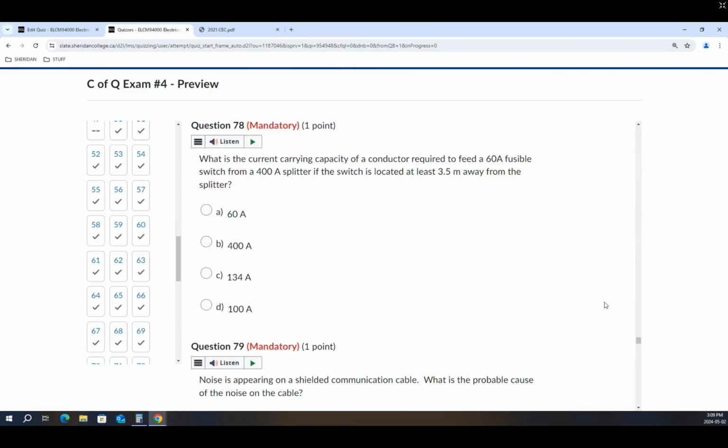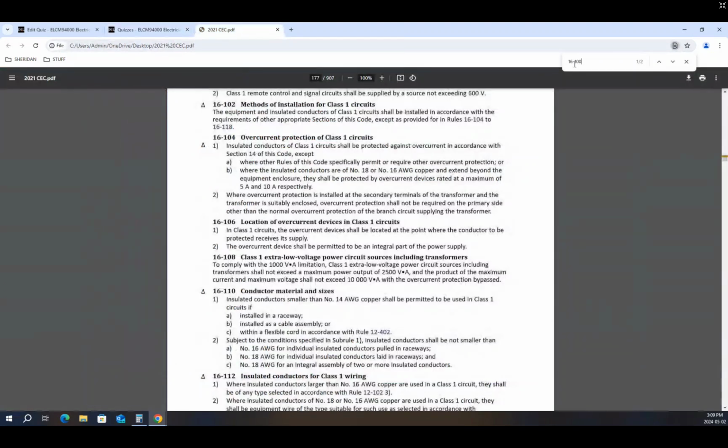So I'm looking for the minimum tap conductor. Okay, so I'm going to go 14.